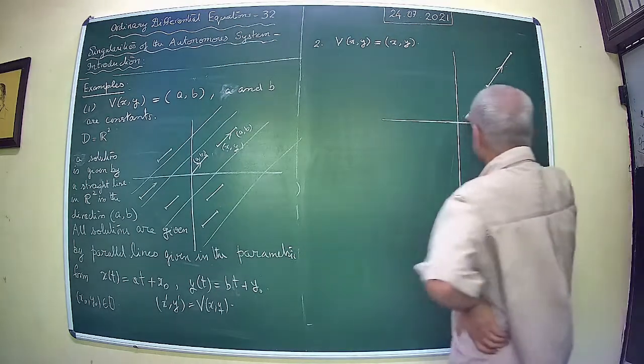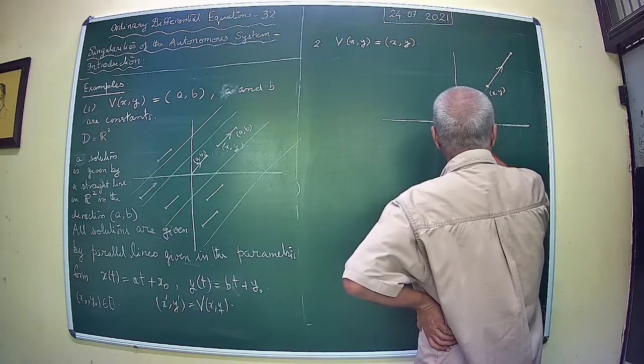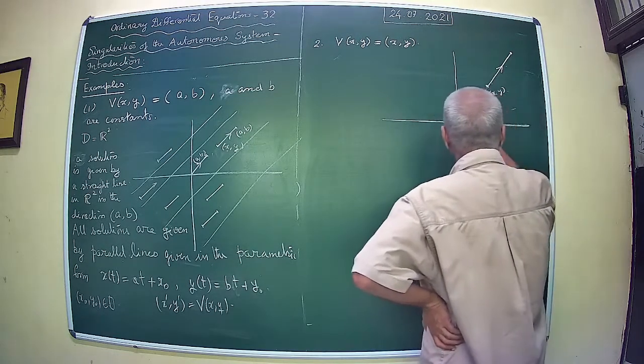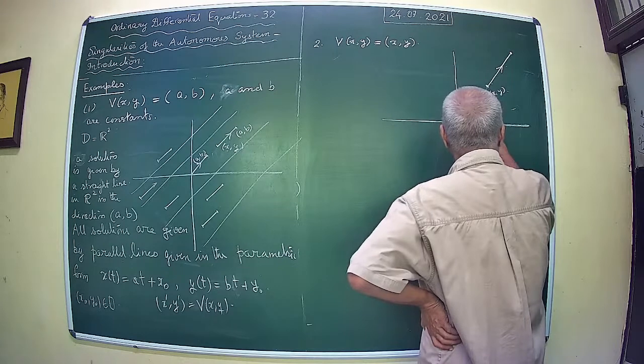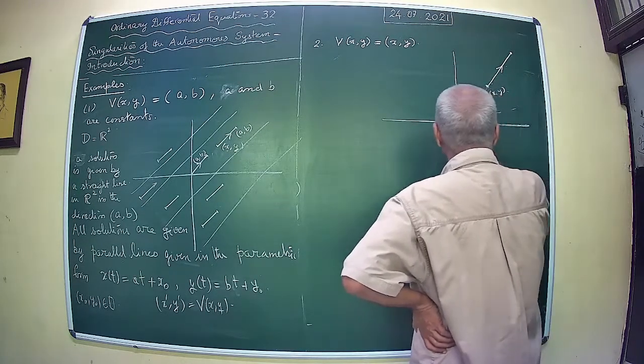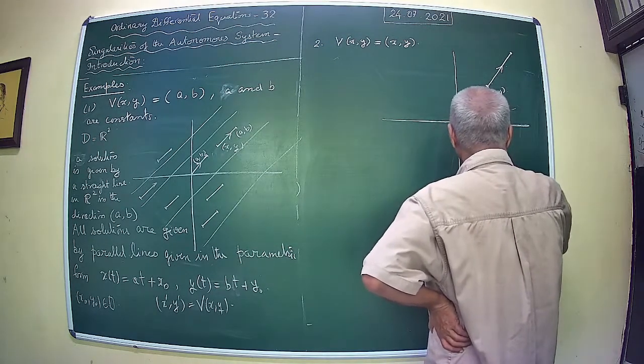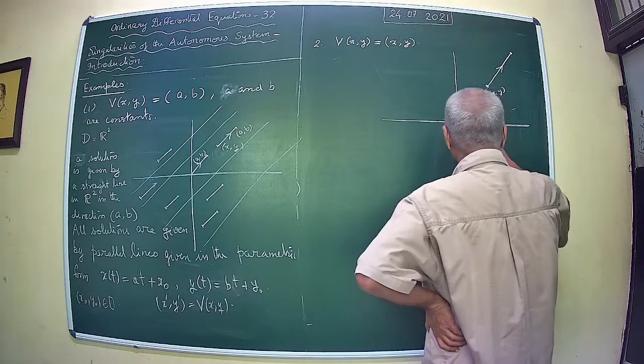So if I take this point, and if this is your (x, y), then you are going to have a direction like this. So if I take this point, then the direction is this. The vector is this.